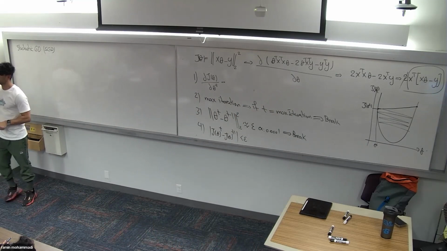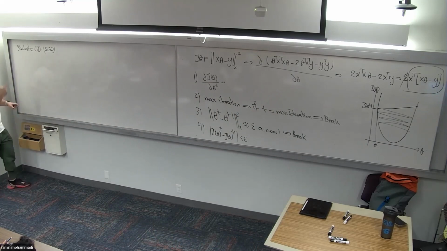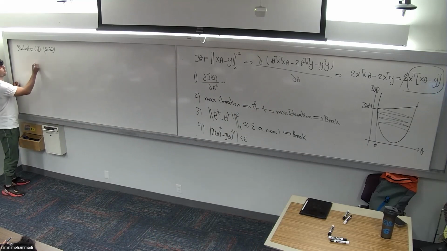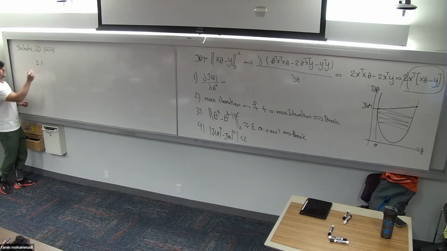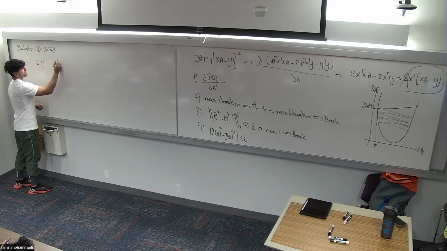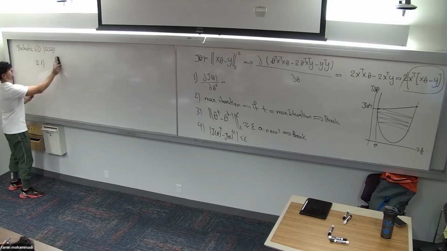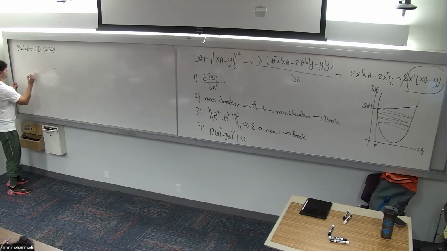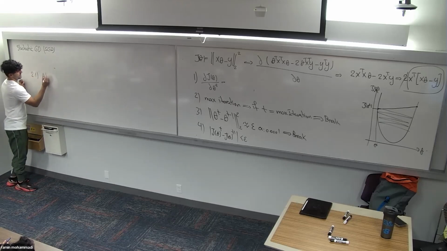There is one tweak. In stochastic gradient descent, at this step, 2.1, we wanted to calculate this value.